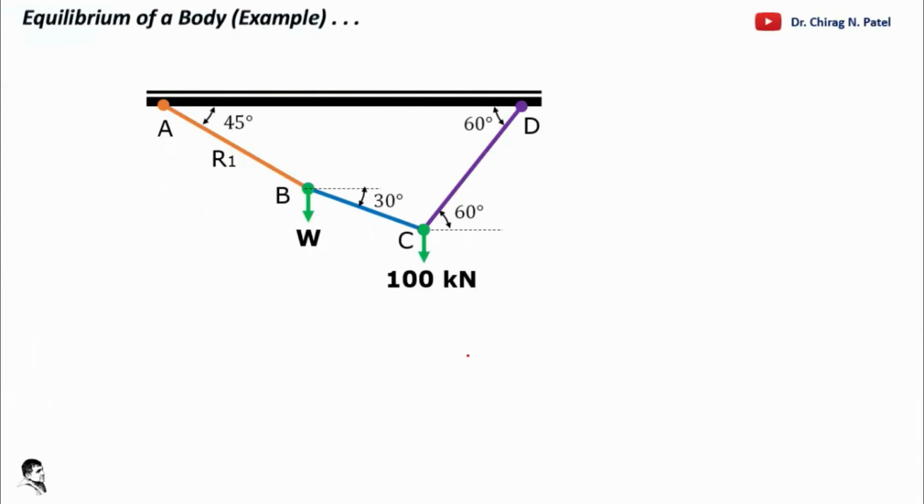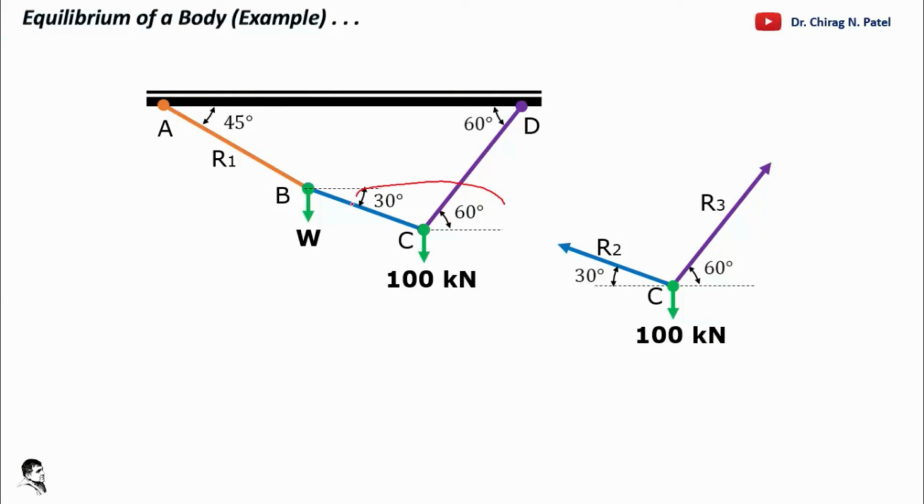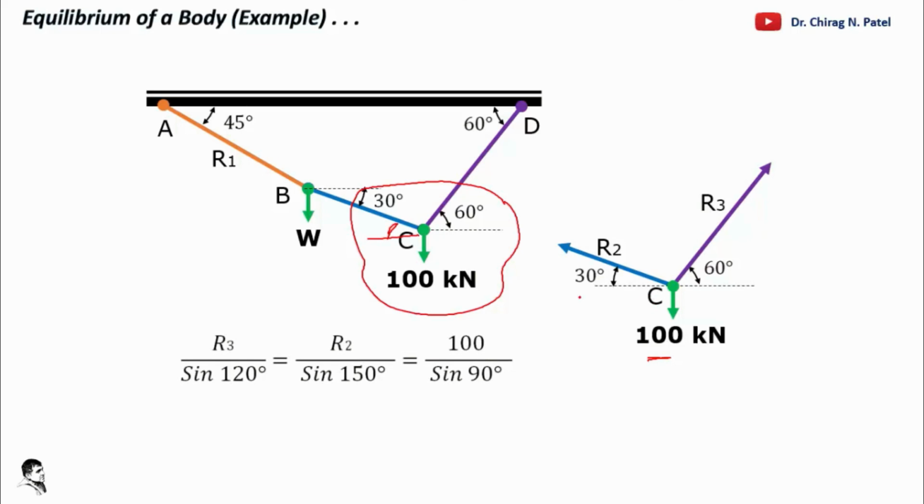So let us try to solve that. For that, we first resolve this part that is of our interest right now. 100 kilonewton is given, and by the rule of angles, this angle is 30, this is 60. Now let us resolve that by using Lami's theorem.